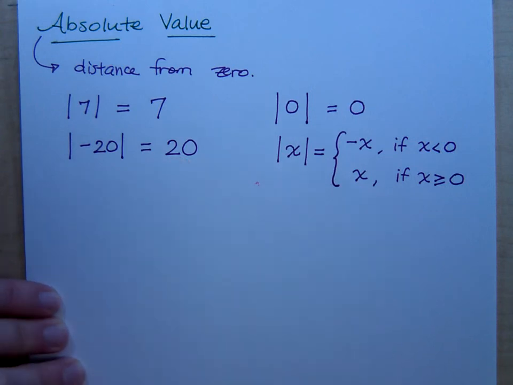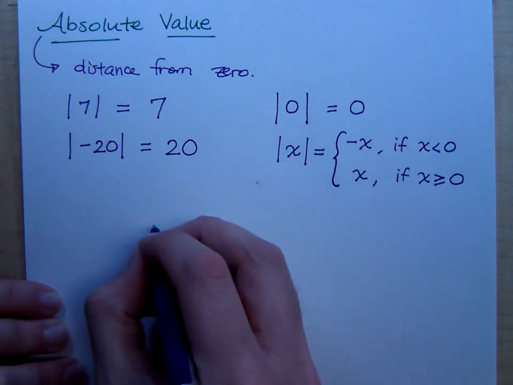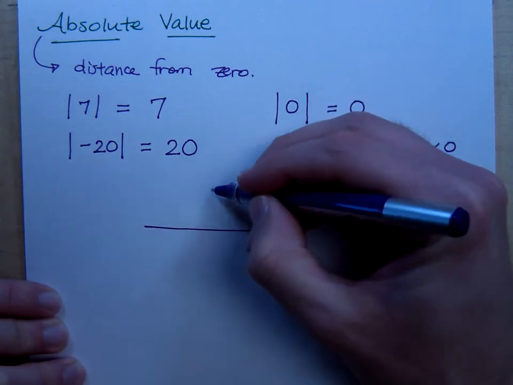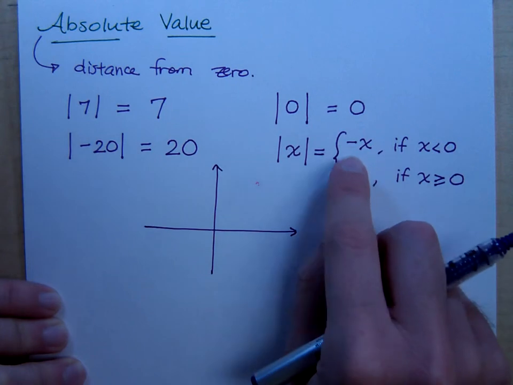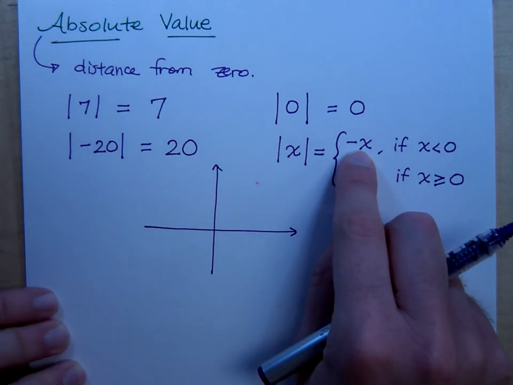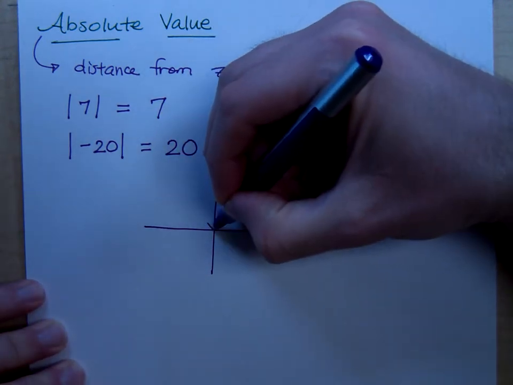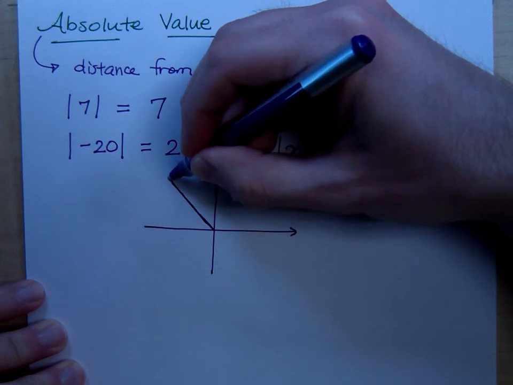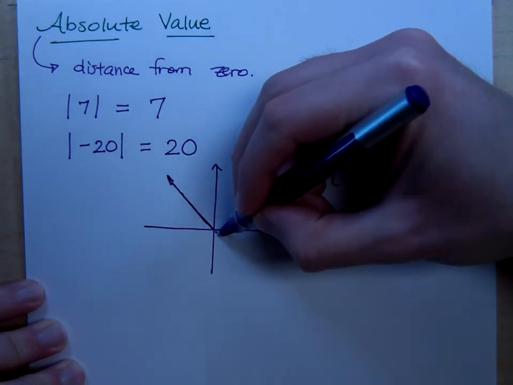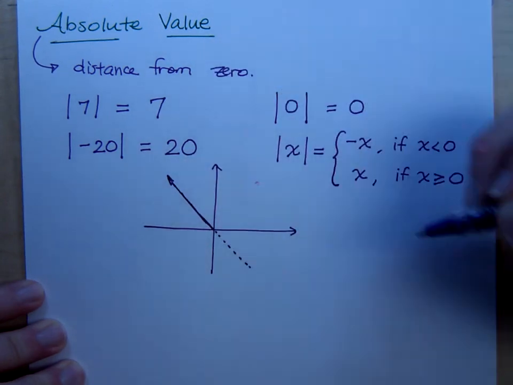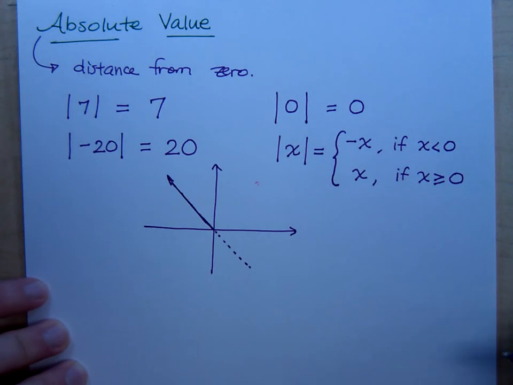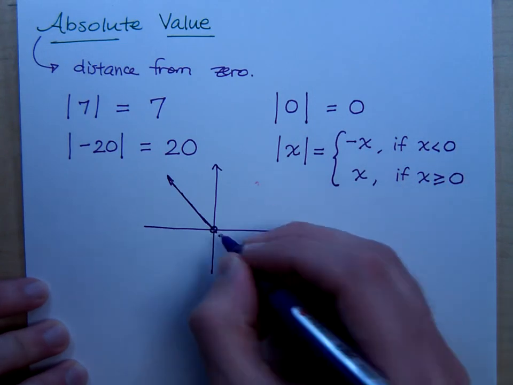And that's why when we graphed this a long time ago, negative x, if we look at this as a line, it is a line that does this. If we were to continue past 0, it would keep going on like that. But as a piecewise defined function, it would stop right here at the origin.